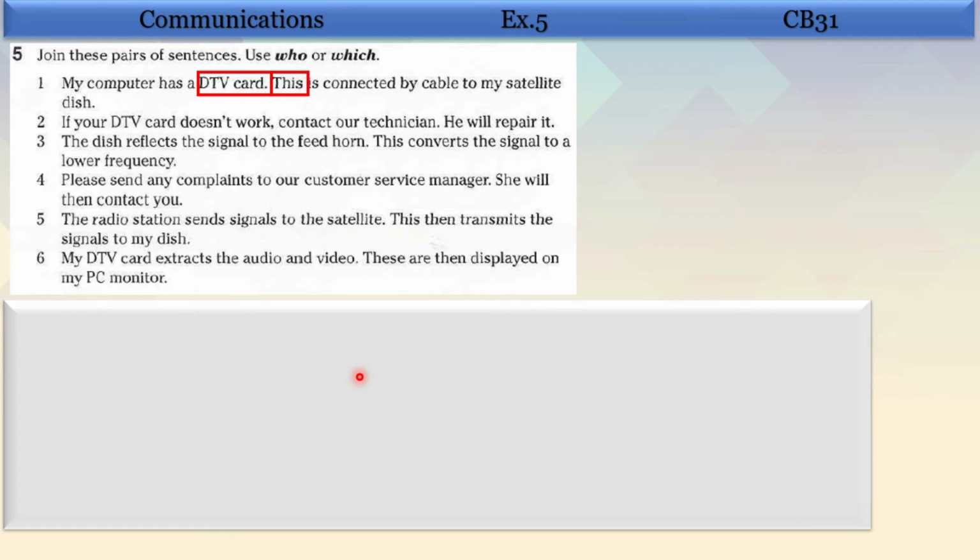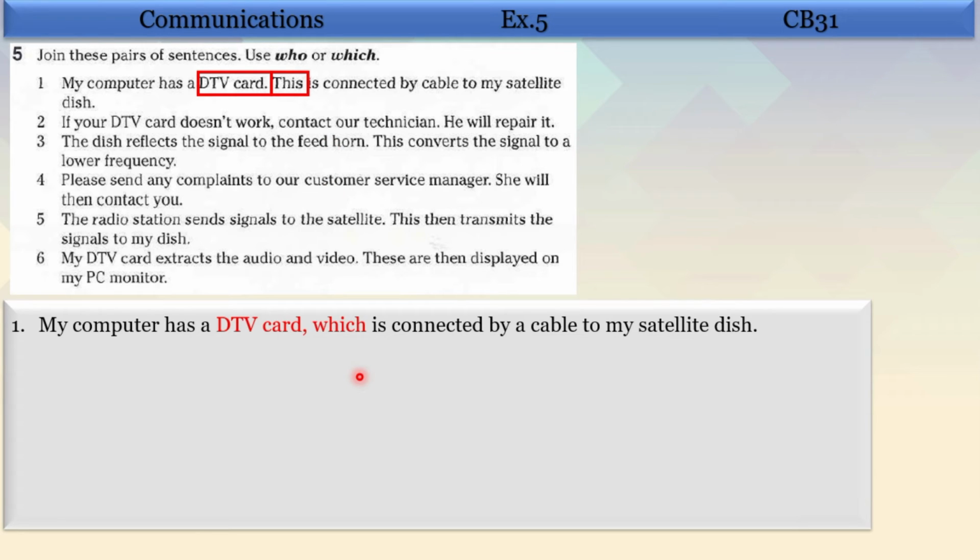So we have my computer has a DTV card which is connected by a cable to my satellite dish. Now pause the video and complete the task.